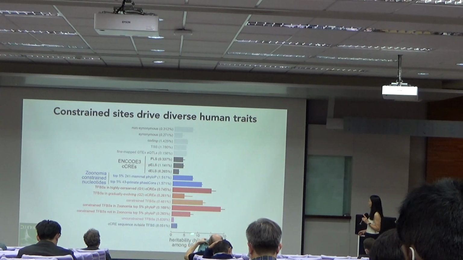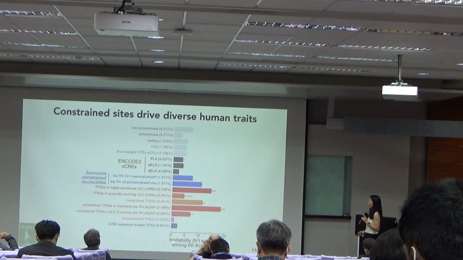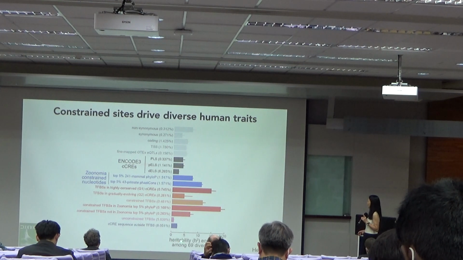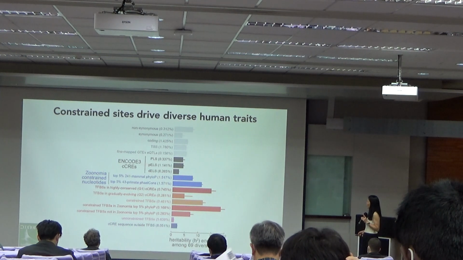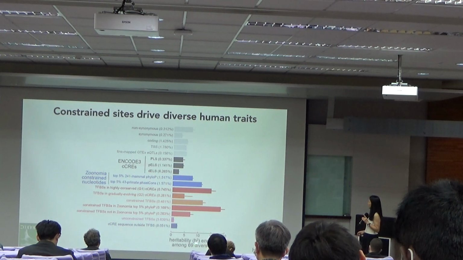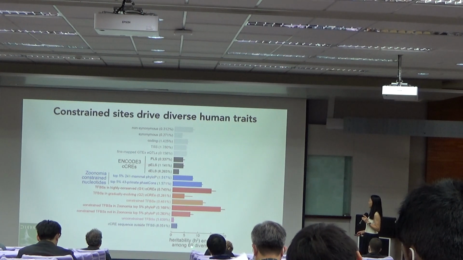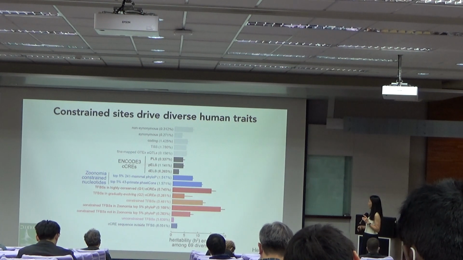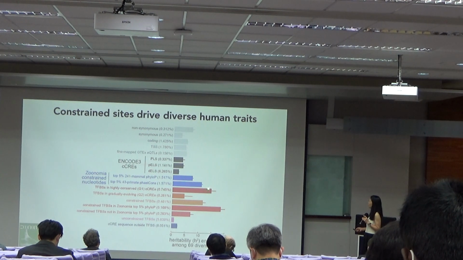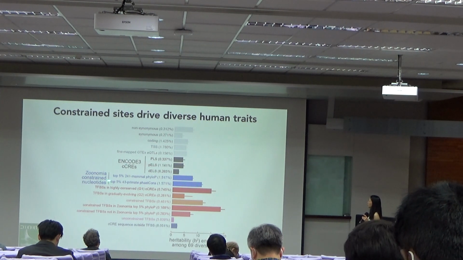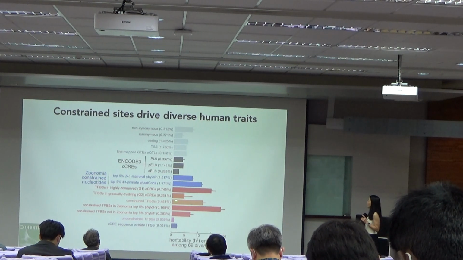The analysis you can do is LD score regression, using the same linkage disequilibrium, across diverse human traits. We used a collection of 69 diverse traits that are very well curated by the LD score regression people. This is a bar plot to indicate how much the regulatory regions in the genome can explain the heritability of these traits as a collection.